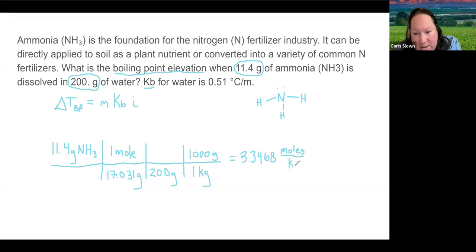Now we can check to make sure that our units are correct. The way we do that is by canceling. So here we have grams, here we have grams, here we have grams, here we have grams. We're left with moles per kilogram, and that matches moles per kilogram here, or little m, which is molal.